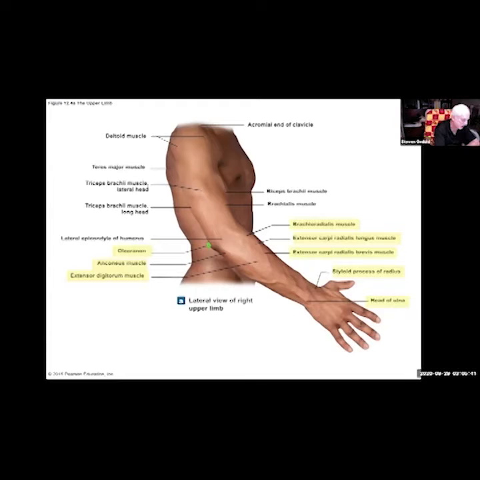The anconeus muscle, the extensor digitorum muscle, extends the digits, runs down into the hand. Brachioradialis, the extensor carpi radialis longus, the extensor carpi radialis brevis muscle. The styloid process of the radius you can feel just above the thumb there. And that's the head of the ulna. It's that bone that sticks out on the medial surface.